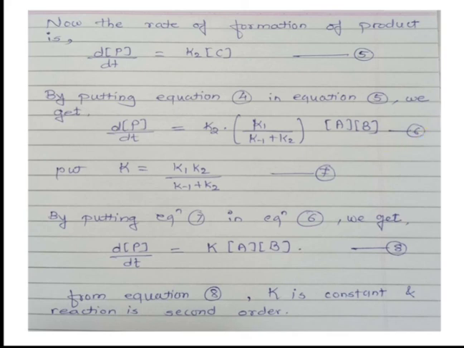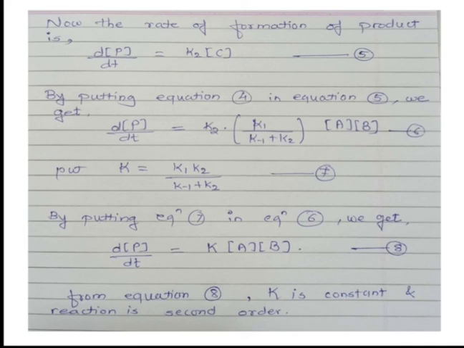Now just put all these rate constants equal to capital K. So put equation 7 in equation 6. We can get the rate of change of concentration of product is equal to K into concentration of A into concentration of B. This is our equation number 8.